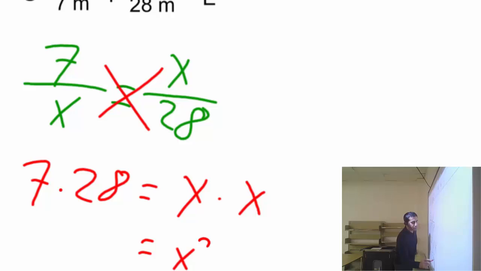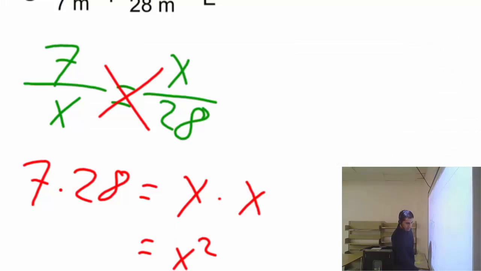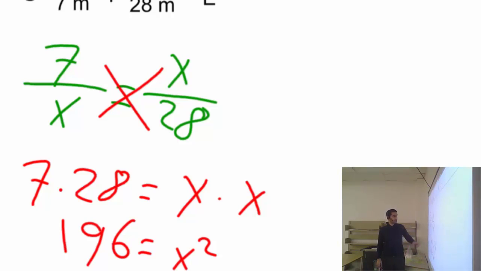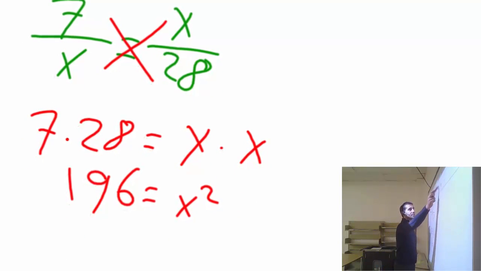This is x squared. 7 times 28 is 196. Let's write that down. 196, and this is x squared. I am not interested in x squared. I am interested in x.